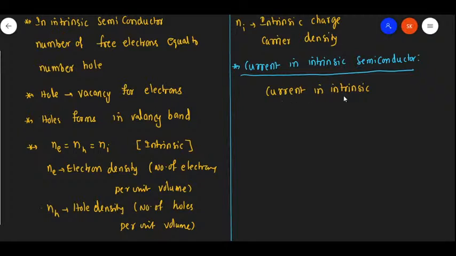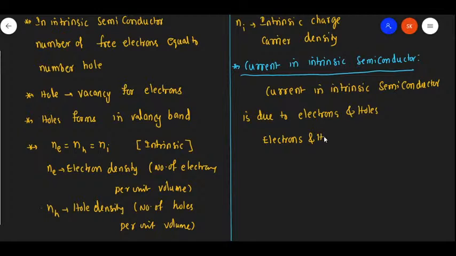That means current in intrinsic semiconductor is due to electrons and holes, right? That means holes are also charge carriers. Electrons and holes are the charge carriers in the semiconductor.